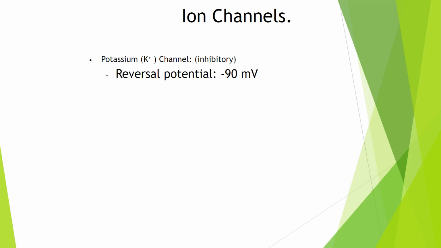Potassium channels tend to be inhibitory because they have a reversal potential of negative 90 millivolts. Reversal potentials are for an ion in the membrane potential at which there's no more net flow of that ion from one side of the membrane to the other. So in other words, this is at equilibrium for that ion.